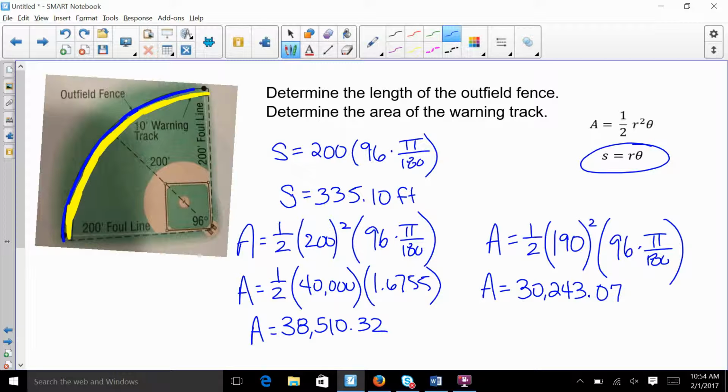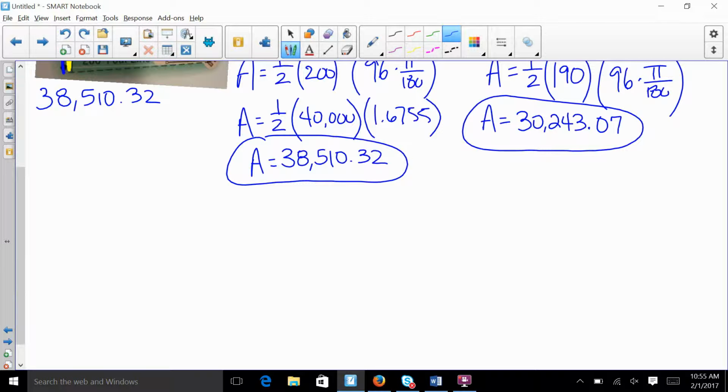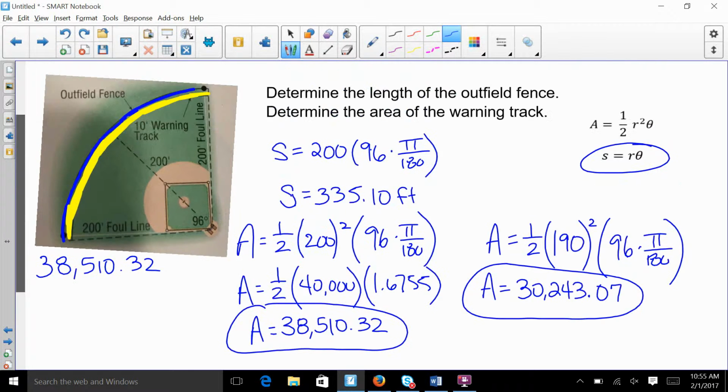Okay, so this right here is my whole field. This right here is from the field to the warning track, the inside warning track. So to find that space between there, I'm going to subtract them. So I take 38,510.32 and I subtract 30,243.07.